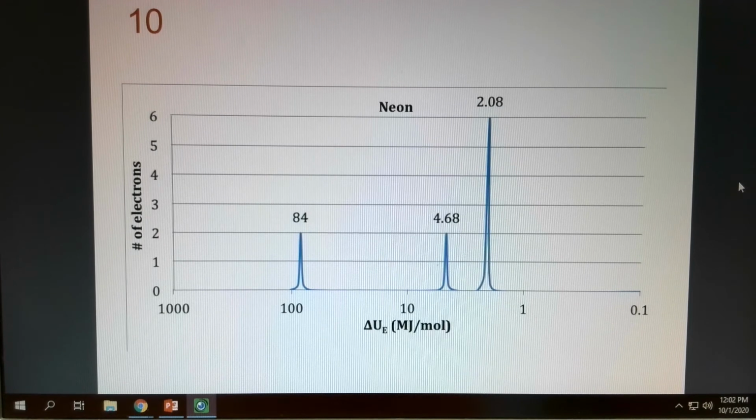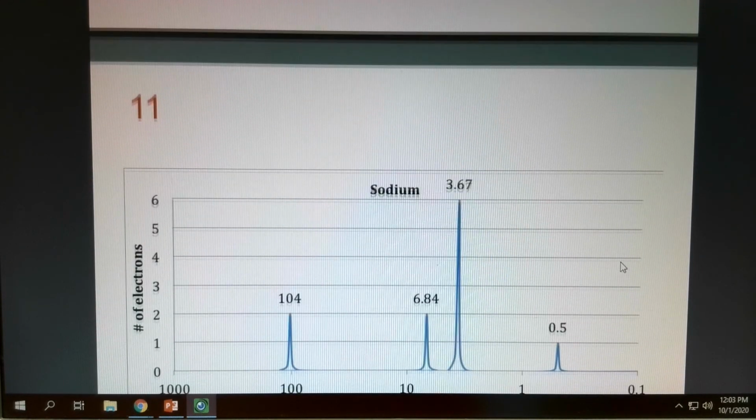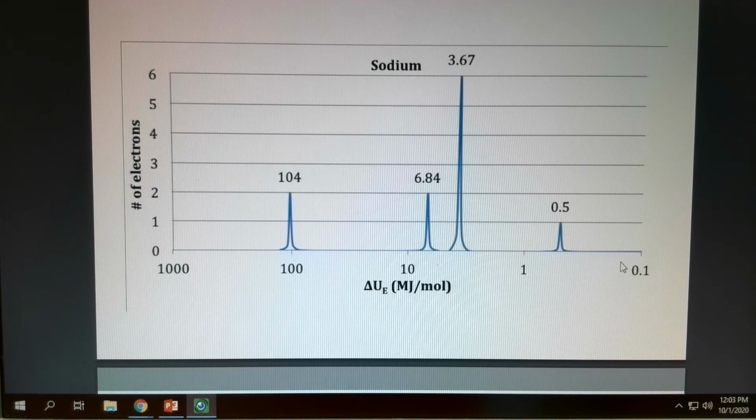Neon has 6 electrons, and it's a full shell, so it has 2p6. Again, I can't emphasize it enough. These numbers, as we keep going down, or keep adding more protons and electrons, those numbers keep going up because it becomes harder and harder to remove the electron. Now here's sodium.